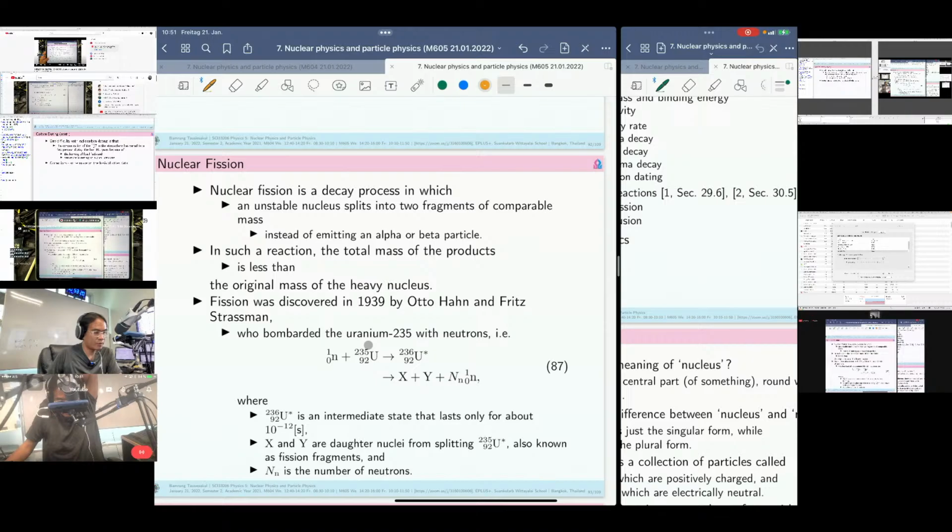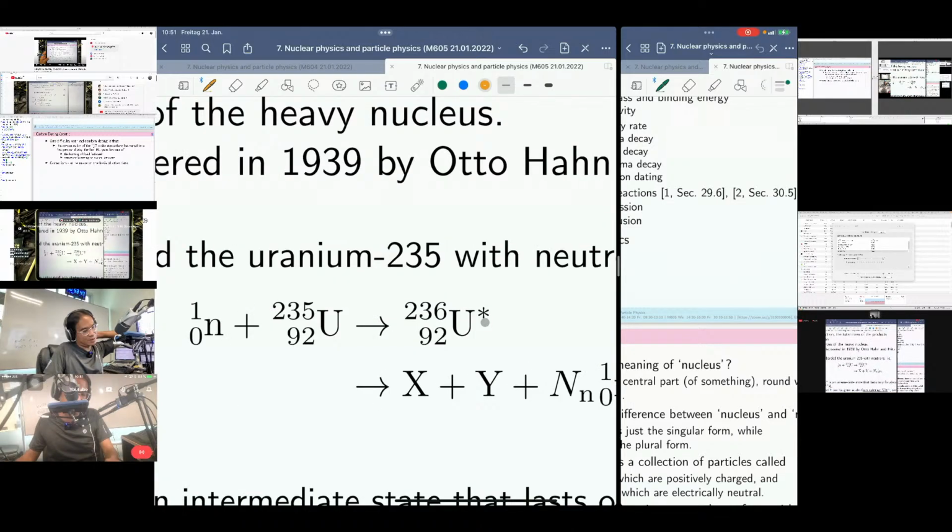What does that mean? It's in the excited state, because the neutron has energy. The neutron is attached to the nucleus, but the whole nucleus is vibrating because it is in the excited state. But as time goes by, it's very short.